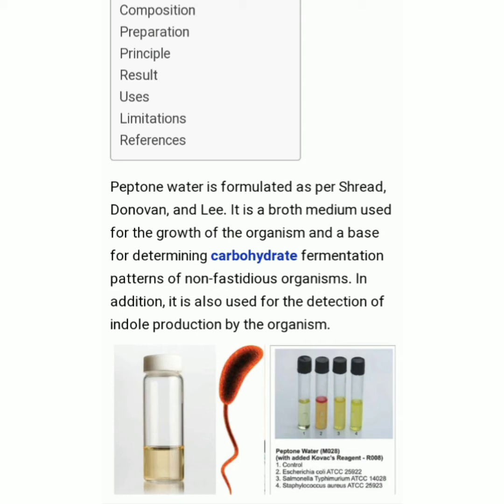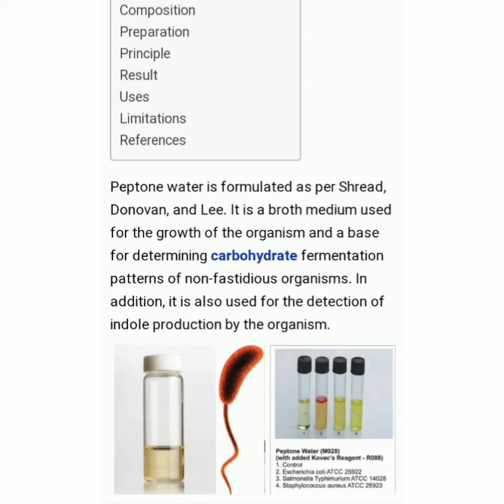So, the question arises here, what is peptone broth or water? Broth means a liquid medium, right? And why do we use this? It is used for the growth of organisms, of course, and those organisms that require determining carbohydrate fermentation.